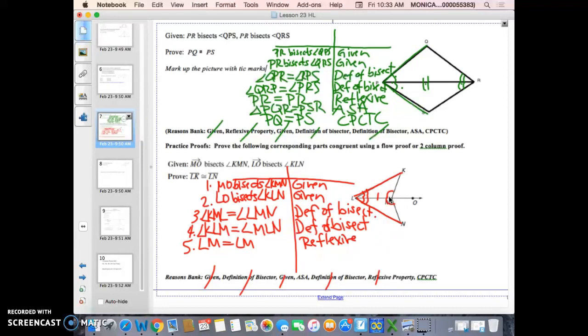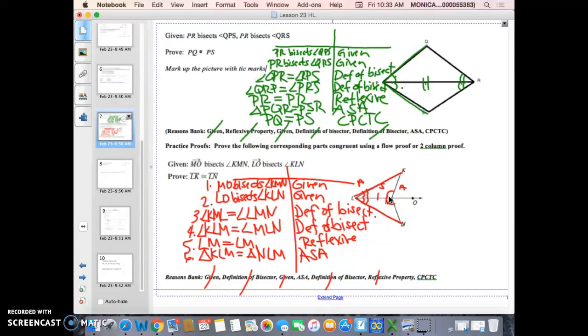All right, and now because I've got an angle, a side, and an angle, I can prove the two triangles are congruent. So triangle KLM equals triangle, if I start with K, I have to start with N, NLM, and that's ASA, right?